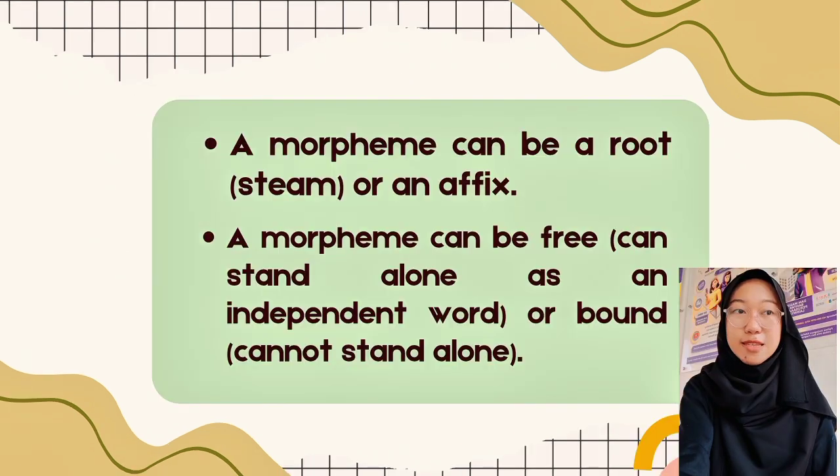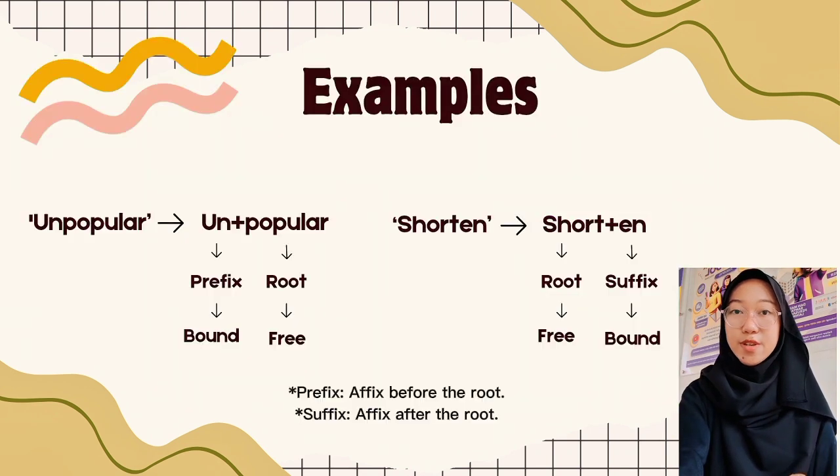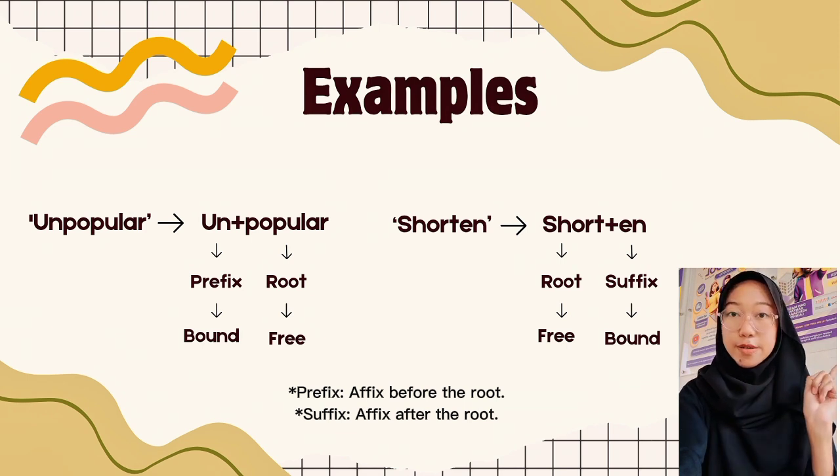The next, a morpheme can be a root or stem or an affix. A morpheme also can be free, can stand alone as an independent word, or bound, cannot stand alone. For example, first, unpopular. Unpopular has two morphemes, un and popular.